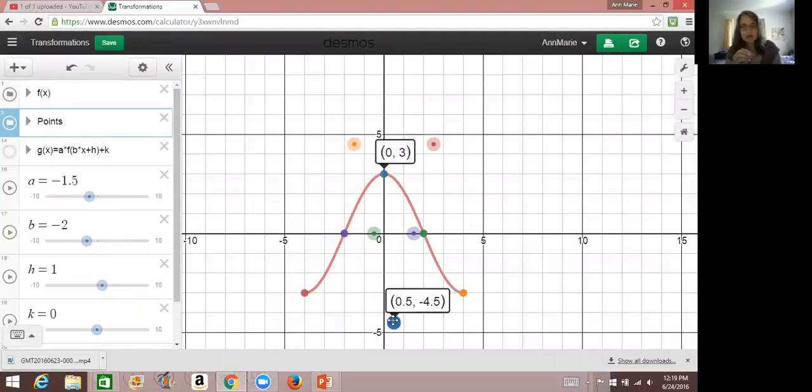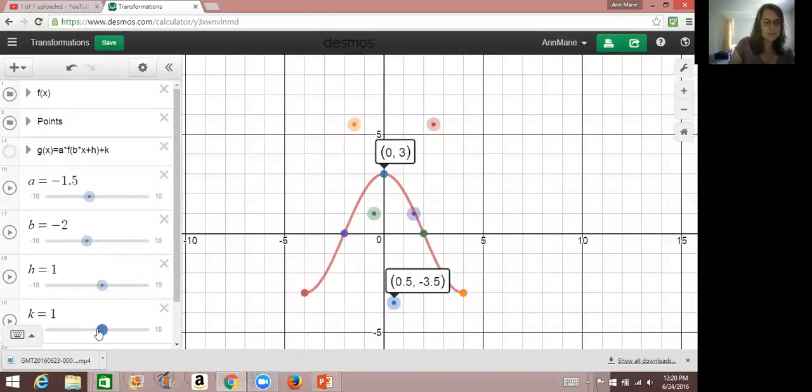Now, the x coordinate's been affected because we already did our horizontal shifts. The last step now is to do our vertical shift, not our stretch. We just did our stretch. Now we're going to do our vertical move, which means add 2. So this k becomes +2.